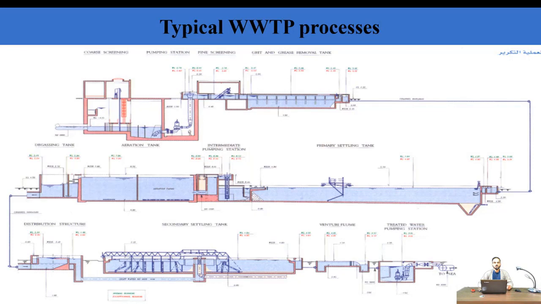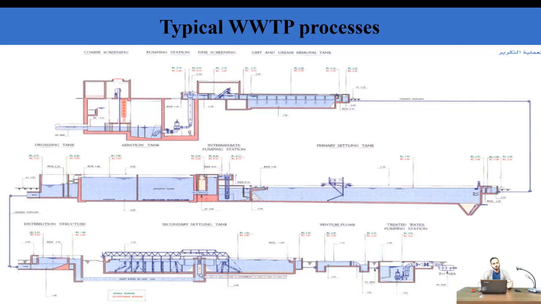Typical wastewater treatment plant processes could be summarized in this slide. We start with the uplift, starting with coarse screening and through the pumping station. After that, it goes to fine screening.